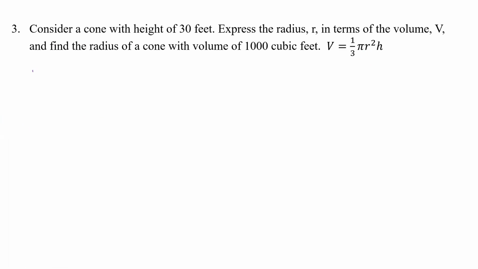So v equals 1/3 pi r squared h. If we're solving this for r, we have to get rid of this. And if we write this a little more neatly, we have pi h r squared over 3. And so then we can multiply by 3 over pi h.